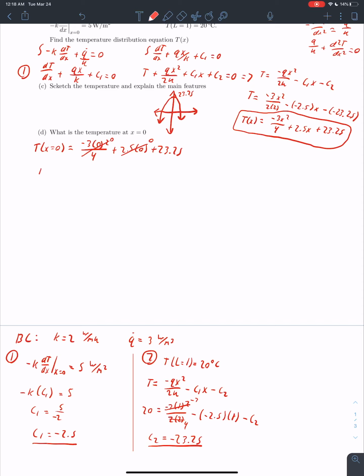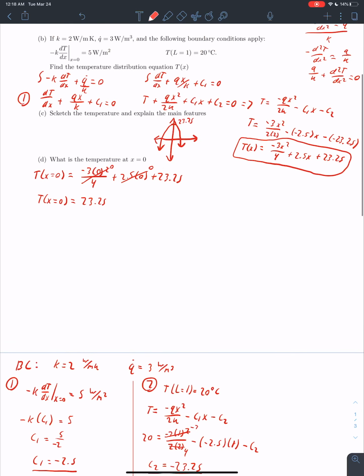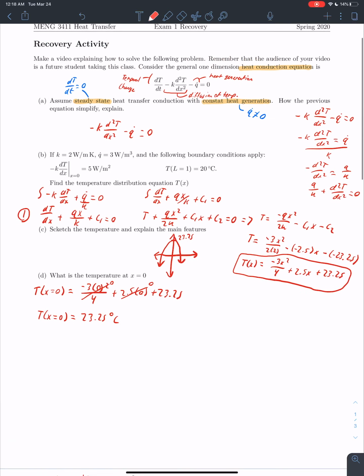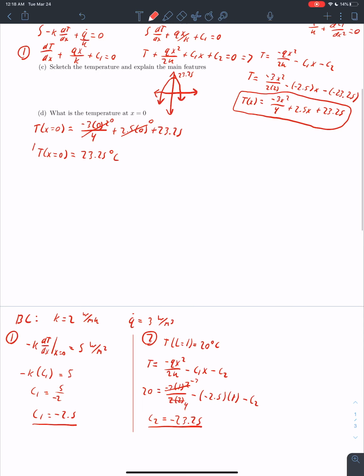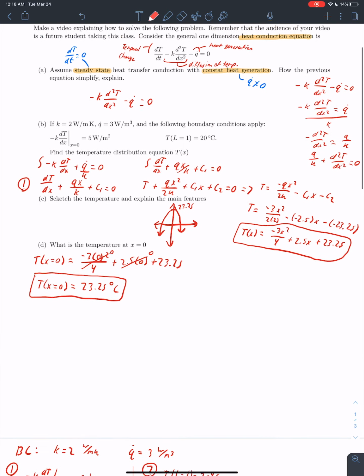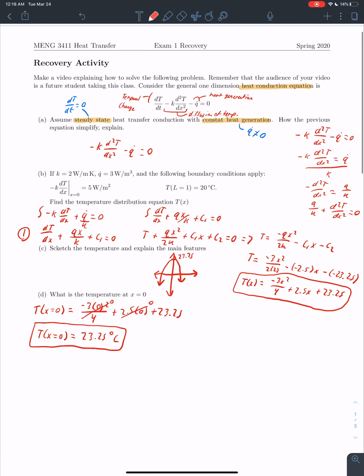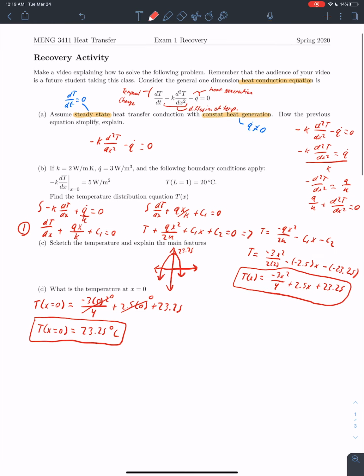That is also 0. So T at x equal to 0 is equal to 23.25 degrees Celsius. So that is how you solve this problem.